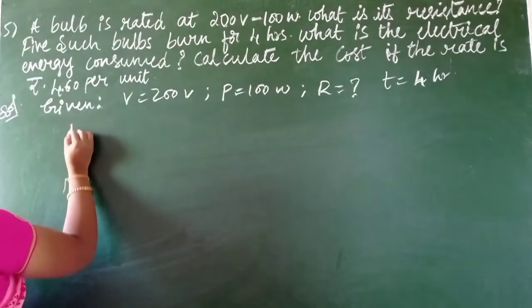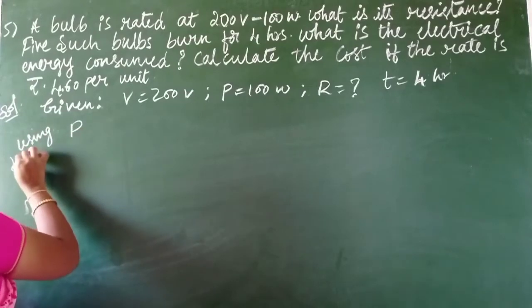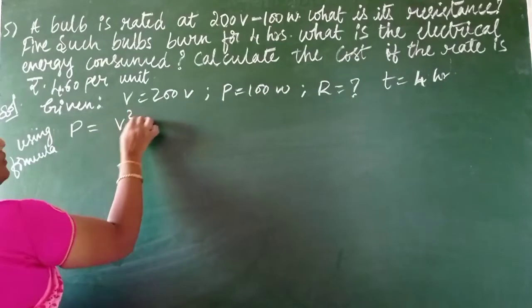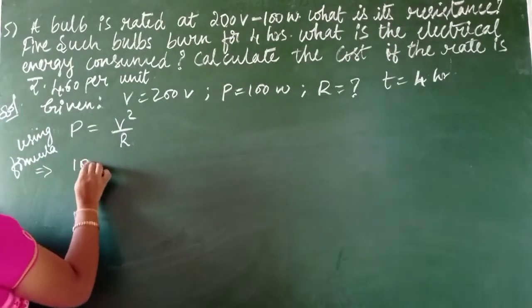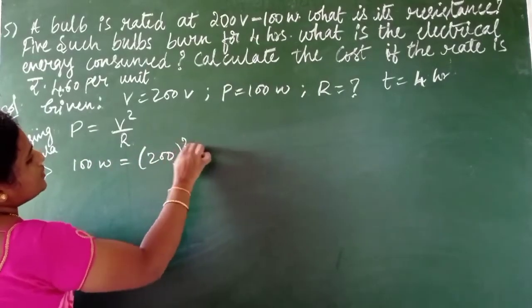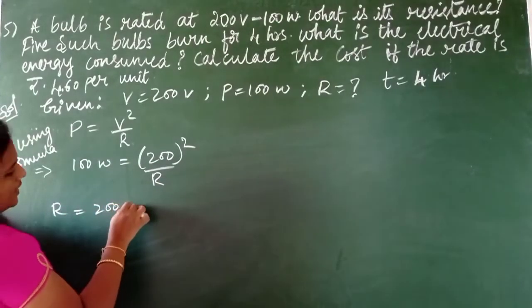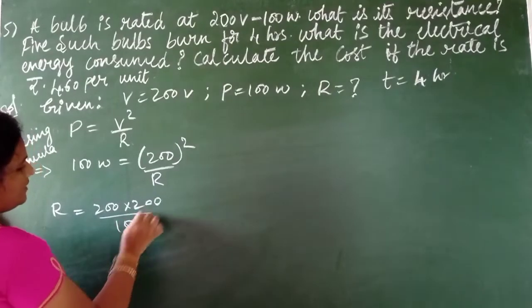Using the formula P equals V square divided by R, implies 100 watts is nothing but 200 whole square divided by R. R is nothing but 200 into 200 divided by 100.